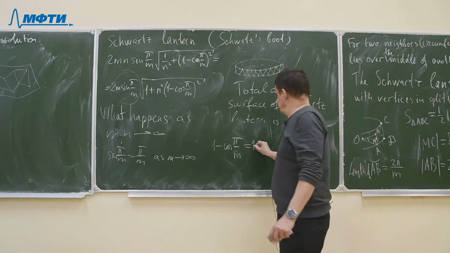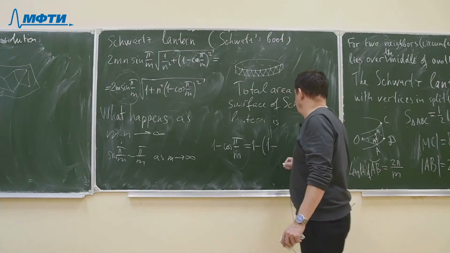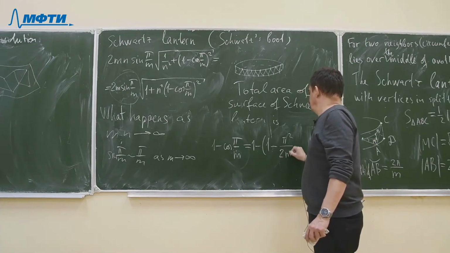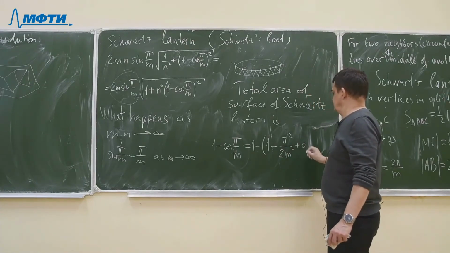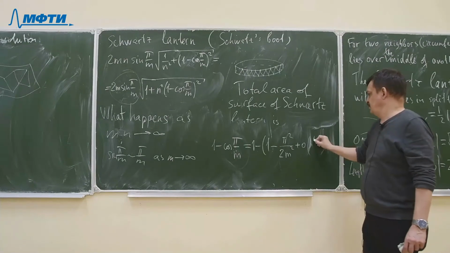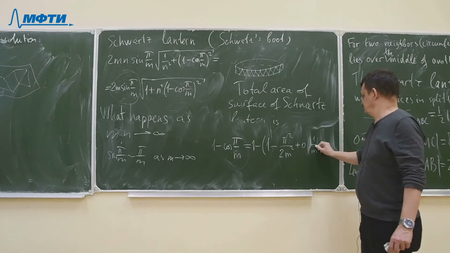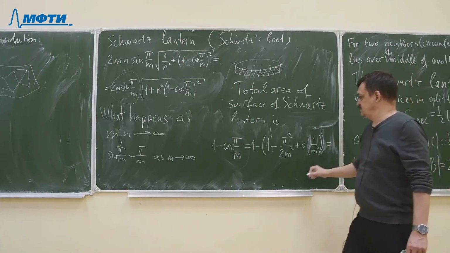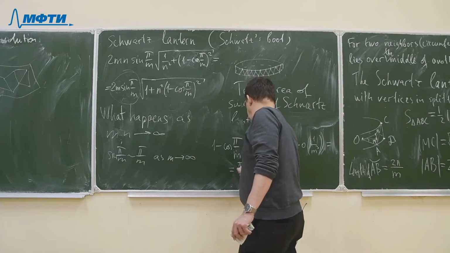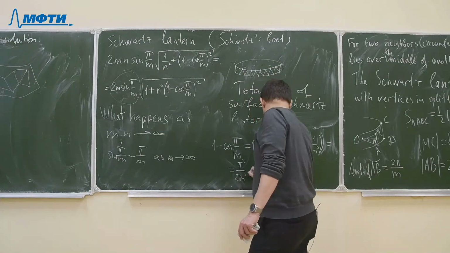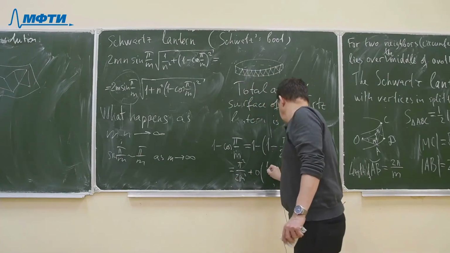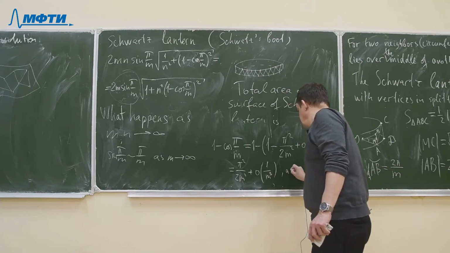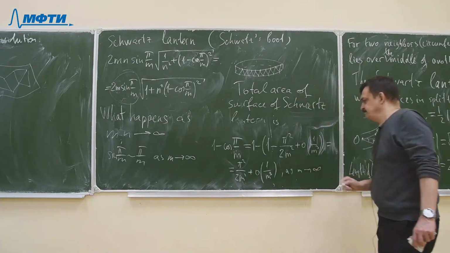And it gives 1 minus pi squared over 2m squared plus little o of 1 over m cubed, and that is pi squared over 2m squared plus little o of 1 over m cubed as m tends to infinity.